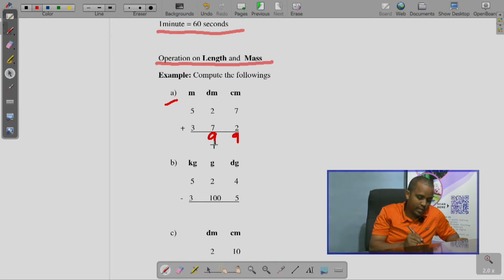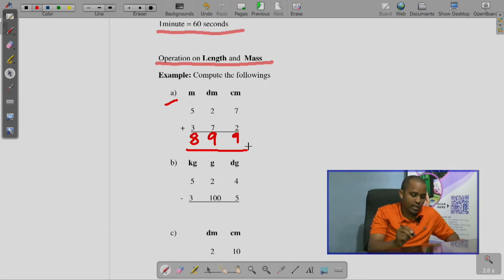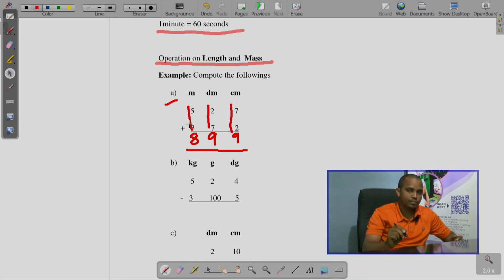And also, if you add 5 and 3, the answer will be 8. So the answer will be 899. So this is how we add lengths. As you see, for example, these are lengths. Those are in centimeter, those are in decimeter, and those are in meter.